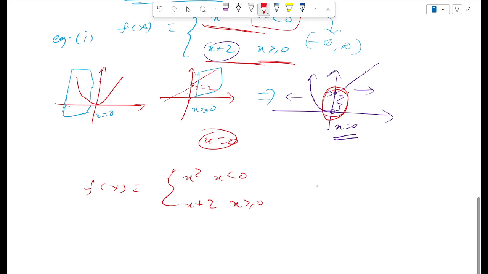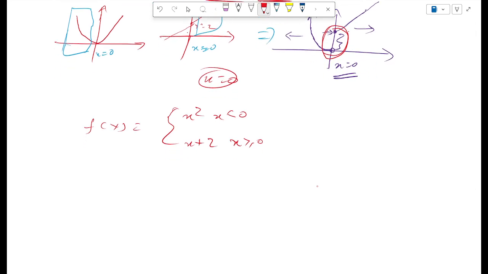If I calculate the left hand limit, it will be the limit as x tends to 0 minus of f(x). 0 minus means slightly less than 0, so this part of the graph will come.